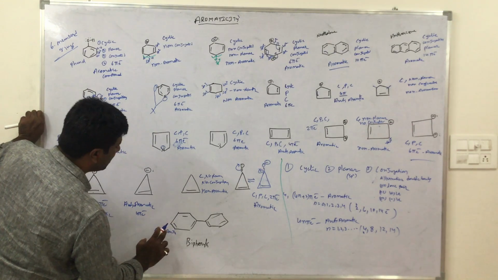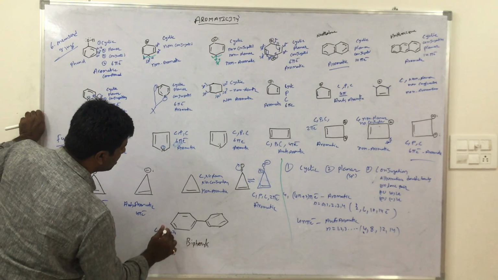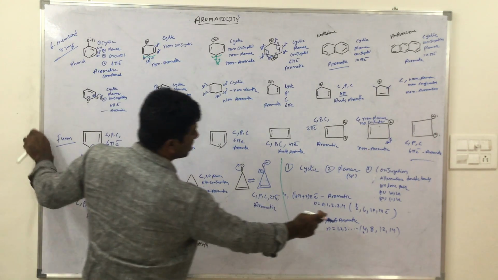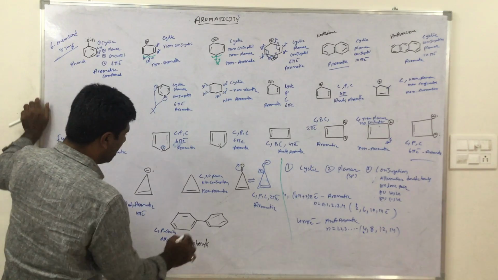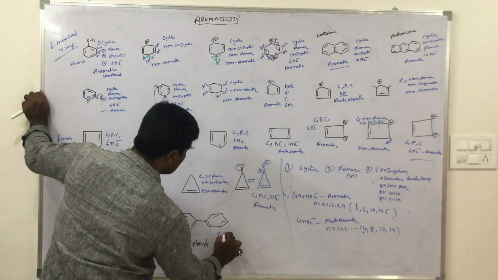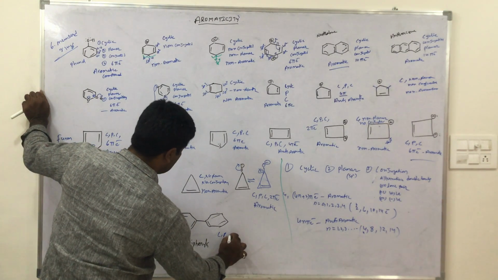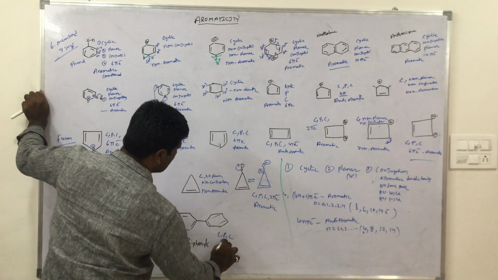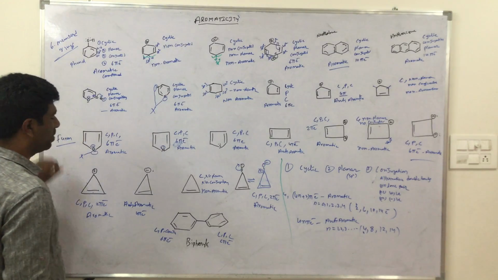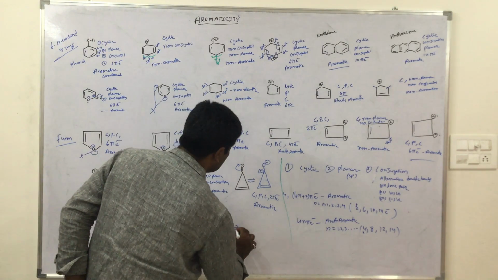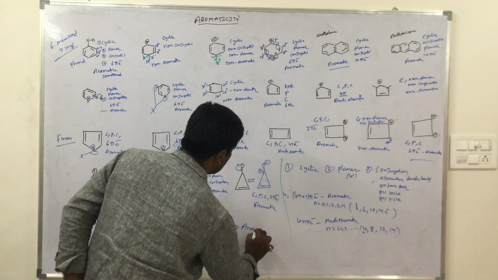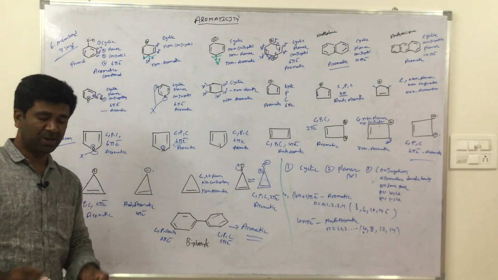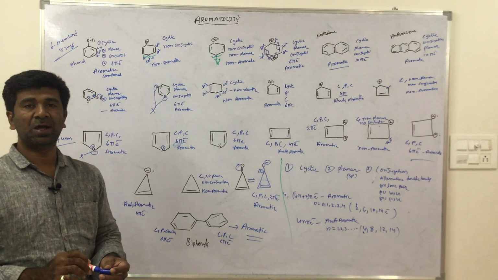And 1 2 3 into 2, 6 pi electrons. 6 pi electrons belongs to aromatic, and here also conjugated, planar, cyclic in nature, and 6 pi electrons. Both are having 6 pi electrons. That means this is aromatic in nature.